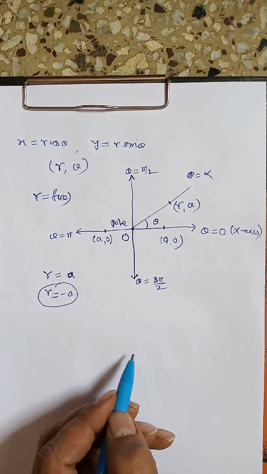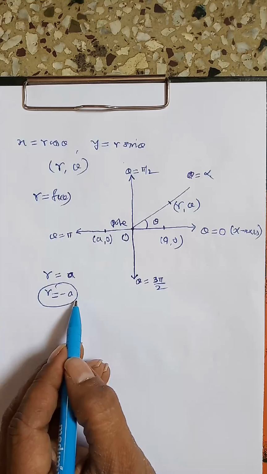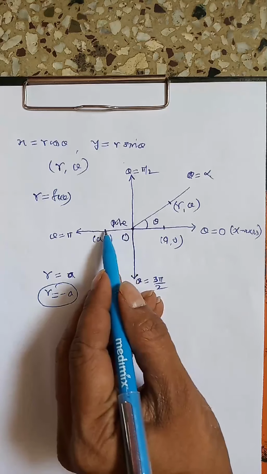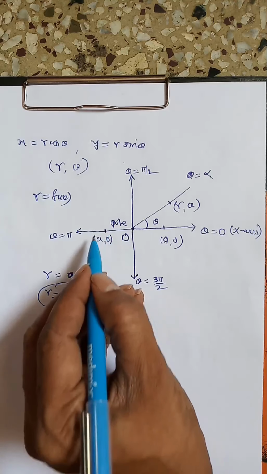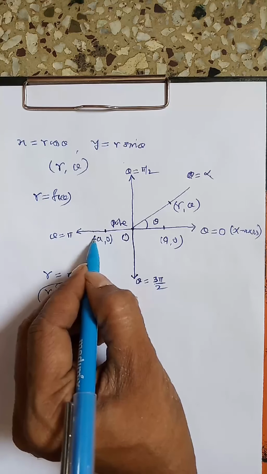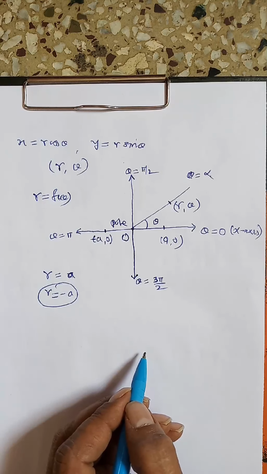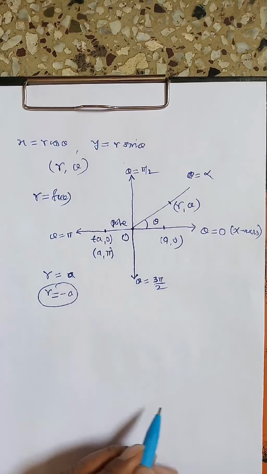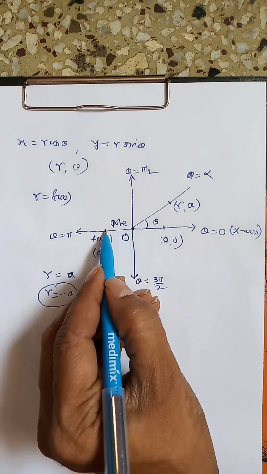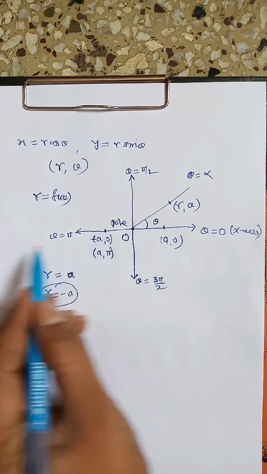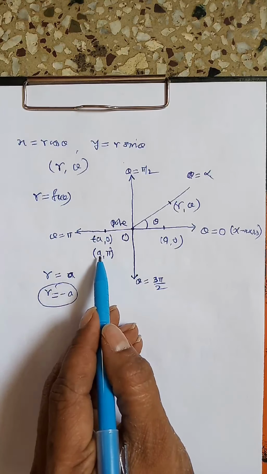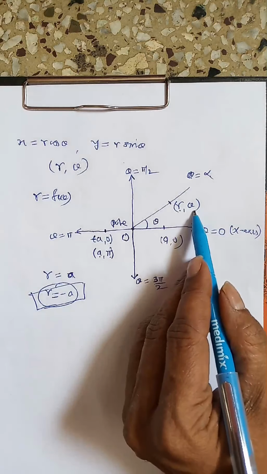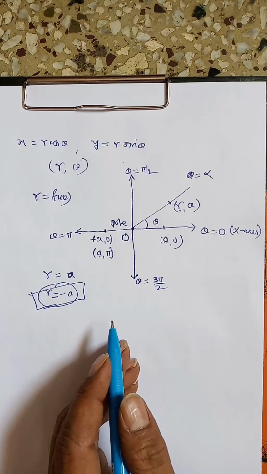So r is negative a means the distance from the origin in the negative direction. So this is minus a comma 0, right? But the same point can be represented as a comma pi, because this point is on the line theta equals pi in the positive direction. So you can denote it by a comma pi. In this way we represent these points r, theta on polar coordinates.